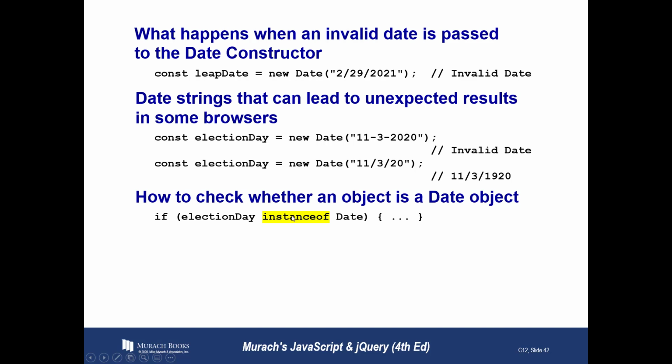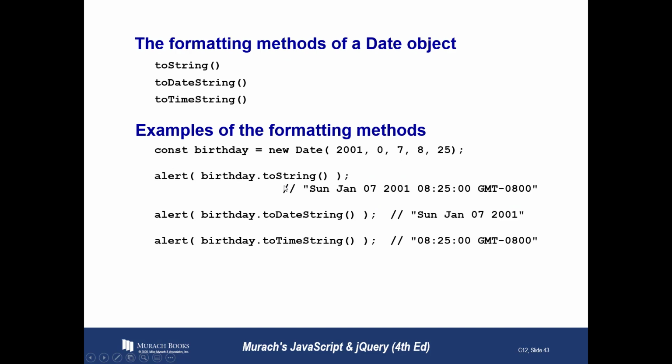You can check to see whether or not an object is a date object. And as shown here, there's a little bit of stuff you can do as far as formatting dates, which is kind of nice because you can format them to a lot of different looks and feels, so to speak.